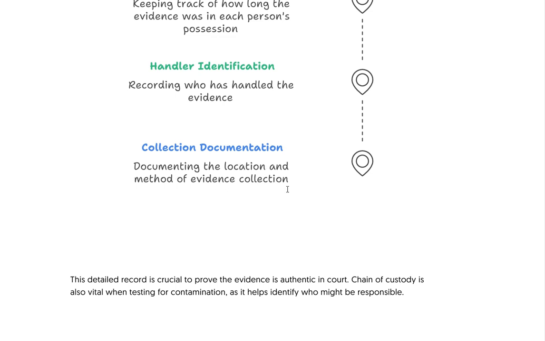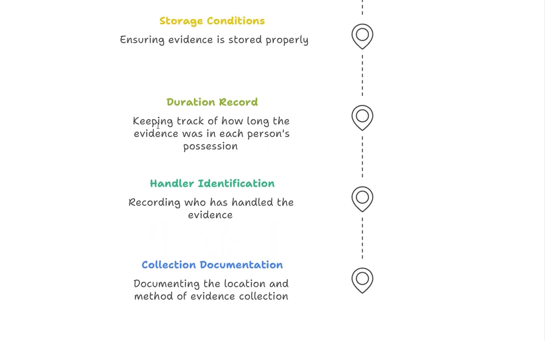What is the method that you used to collect the evidence? Then record who has handled this evidence. Then keep track of how long the evidence was with each person. For example, in a team, 10 to 15 people were handling the case; for how many days was this file with whom.